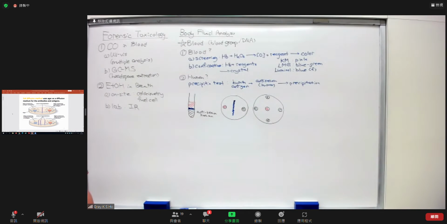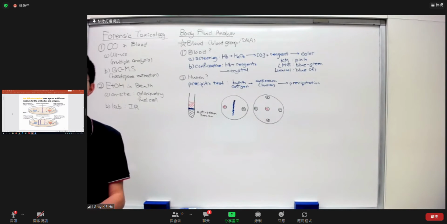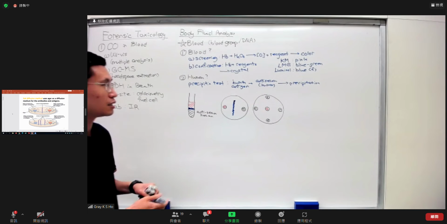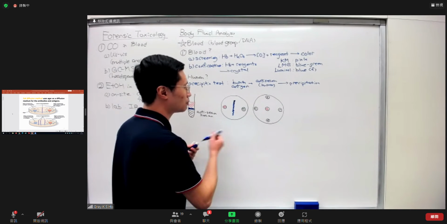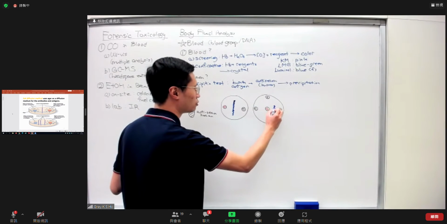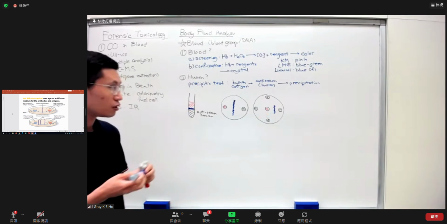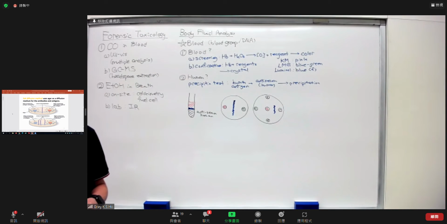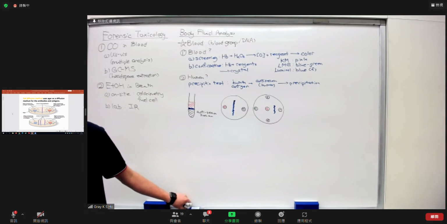When they meet each other, if they match, then you will see a line of precipitation between the two wells. For example, if we see a line of precipitation on the right-hand side, what kind of origin does the blood sample have?